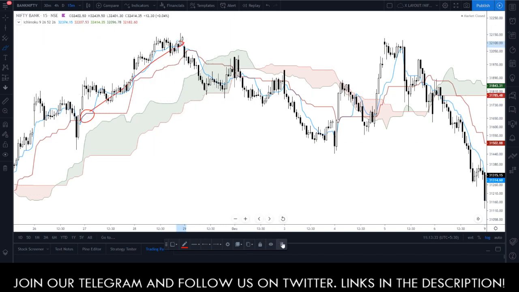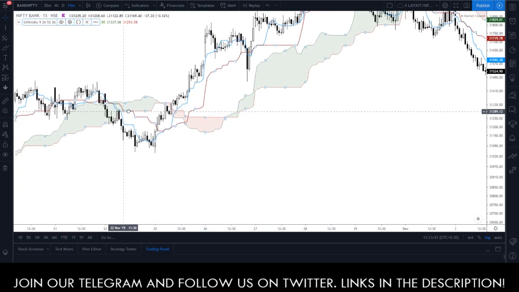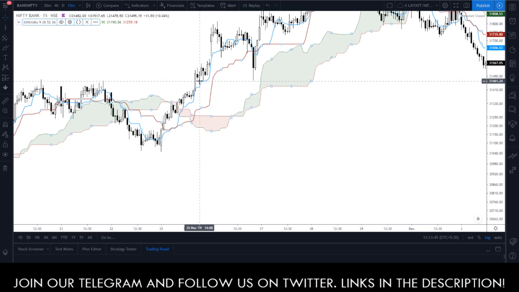This is not a made up thing. This is the textbook rule of Ichimoku Cloud, and how to use it is that the conversion line should overtake, or the crossover as we call it in moving averages, should be crossing the red line and the price action is above the cloud. That will produce a buy signal.